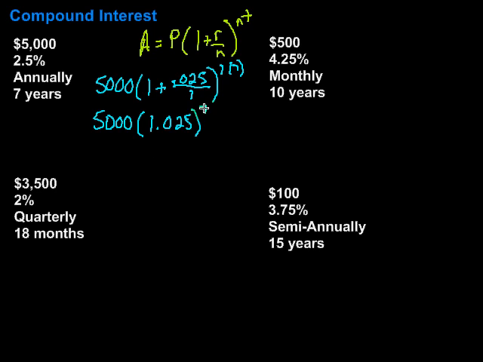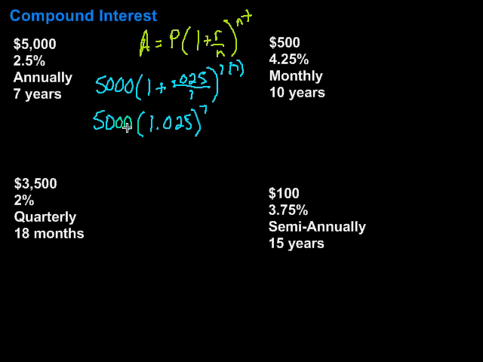Then what I'm going to do is, if you're entering this in your calculator, sometimes the way we think we should do it is just to go from left to right here. If you do that, you've got to be really careful and make sure that your calculator is following the order of operations. What I like to do is start over here because the order of operations says we need to do the exponents, the power stuff first. So I take 1.025 to the 7th power. That's going to give me a number.